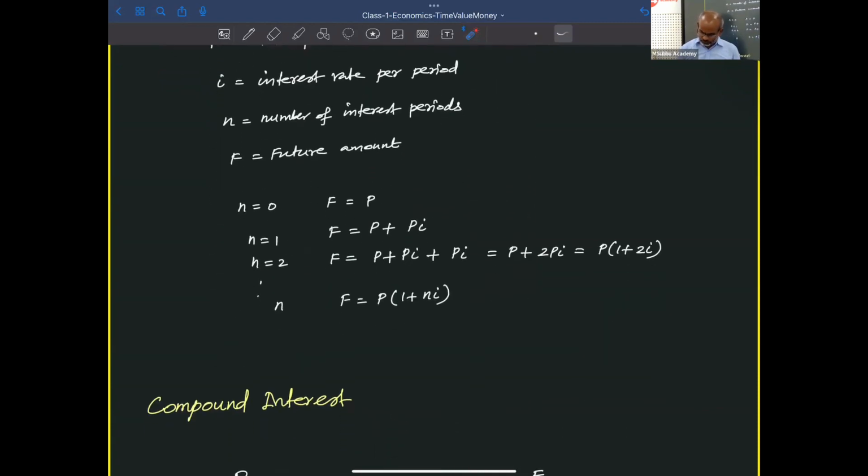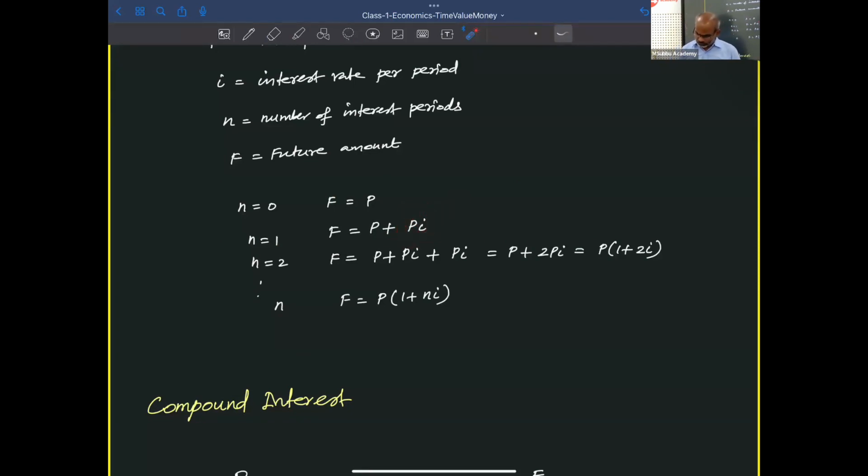So this is how it works. Initially you have P as a value, and at the start F and P are the same. At the end of 1 year, to the principal we are adding P into I, which is nothing but the interest for 1 year.